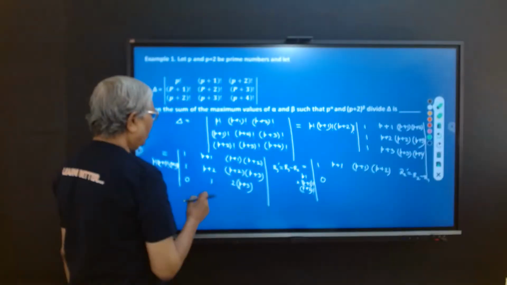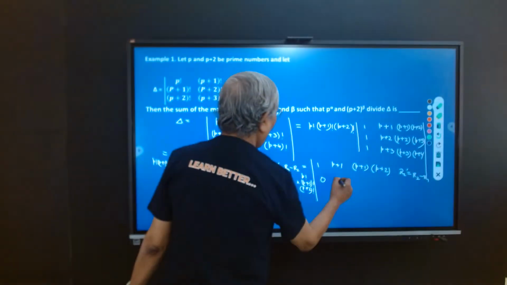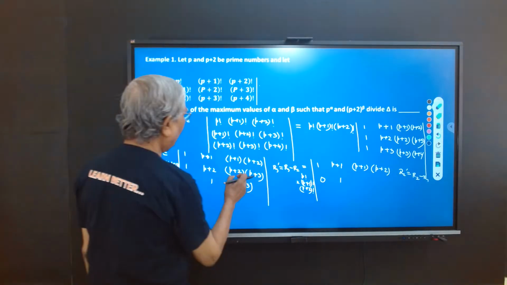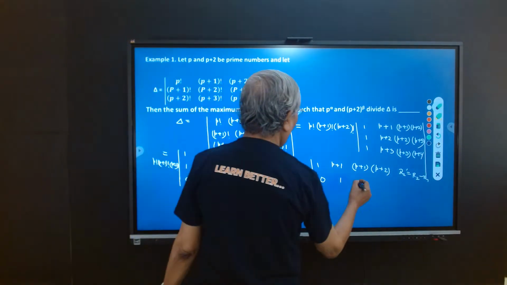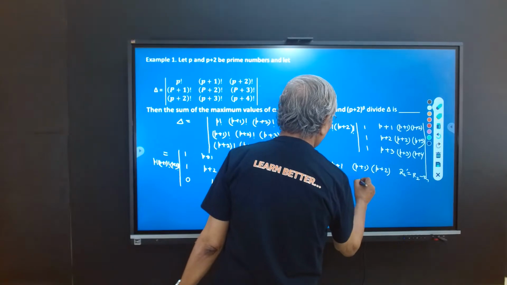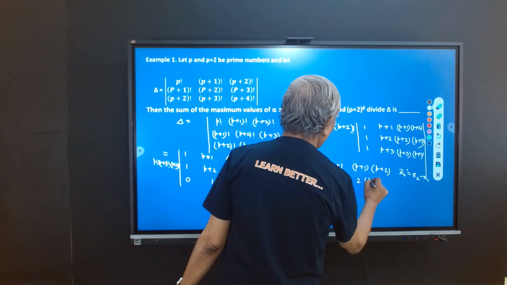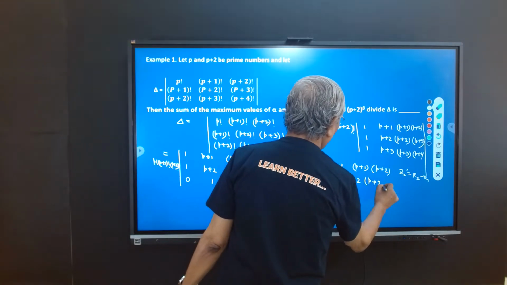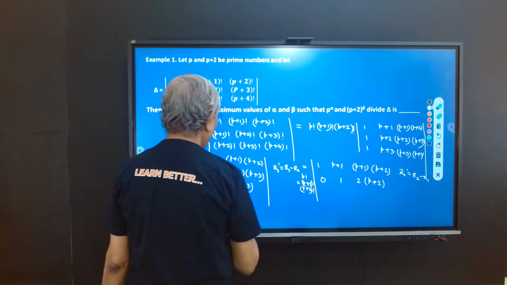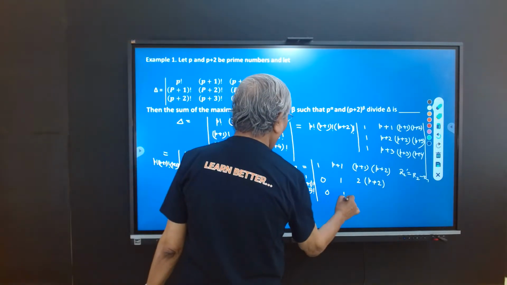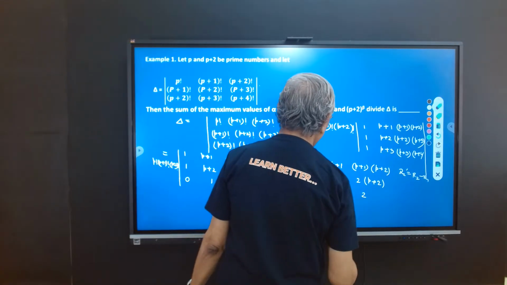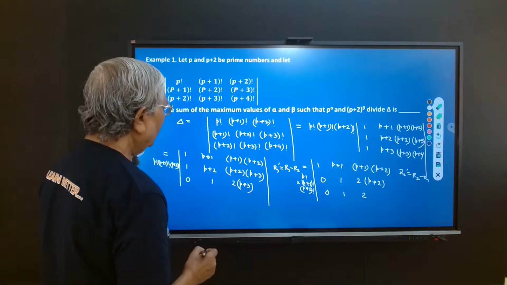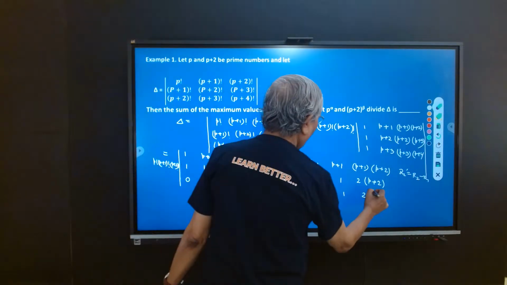This minus this will be equal to 1. And then this minus this, take common p plus 2: 2 into p plus 2. Third row equals 0, 1, 2 into p plus 3.